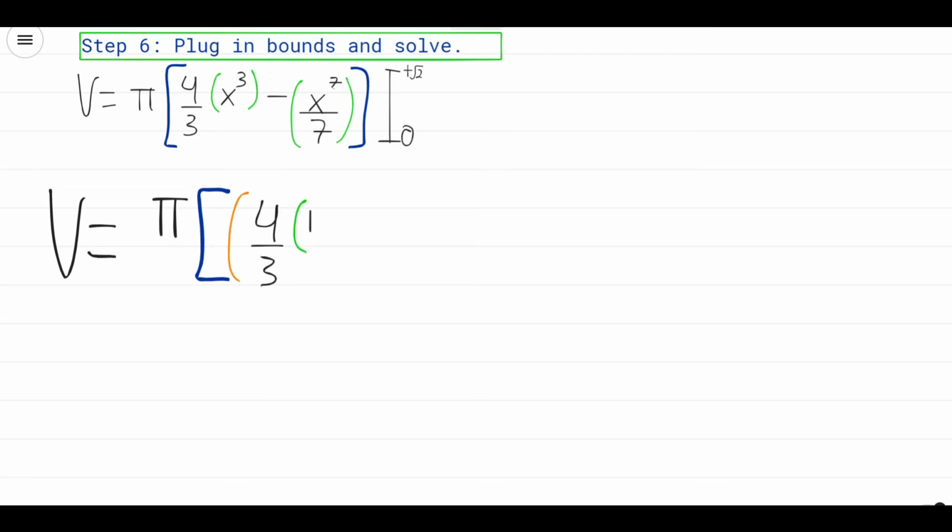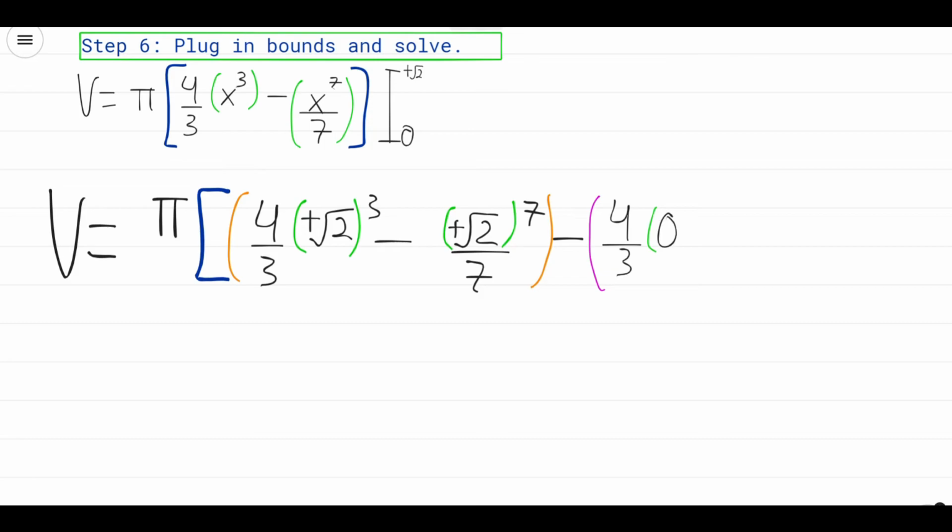So 4 over 3 times this positive root of 2 cubed minus the positive root of 2 over 7 to the 7th power. And note the 7th power only applies to what's in parentheses, so it does not apply to the 7 on the denominator. Keep that in mind. Minus 4 over 3 times 0 to the 3rd power minus this 0 to the 7th power over 7.